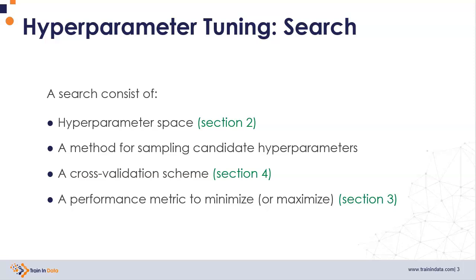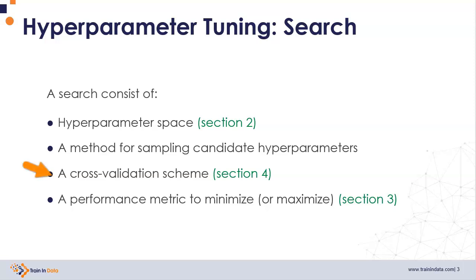And the best hyperparameters are those that will maximize the performance of the machine learning model. We also discussed that the hyperparameter search consists of a hyperparameter space, that is the various hyperparameters that affect the machine learning model, and we discussed many of these in section 2. A search also has a performance metric that we want to minimize or maximize, and we discuss performance metrics in section 3.